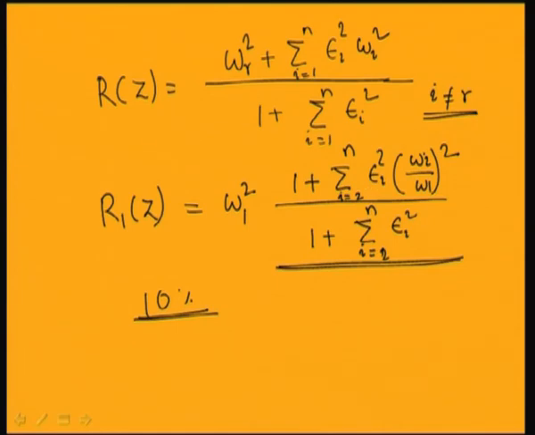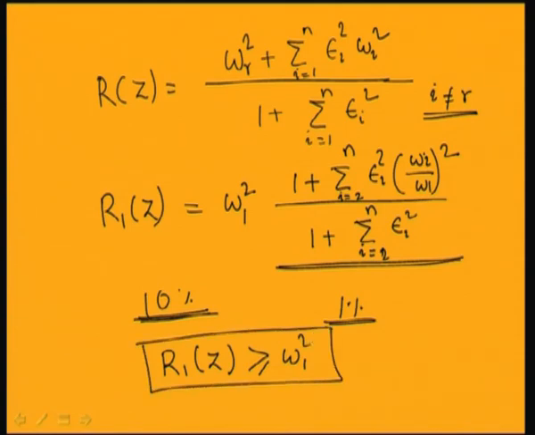So, the error will be only 1% in this case. So, a 10% error in the form of eigenvector or natural mode will result in only 1% error in the eigenvalue or the natural frequency. So, you just observe that this R1 z is always greater than or equal to omega 1 square.